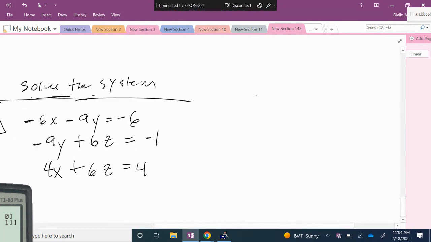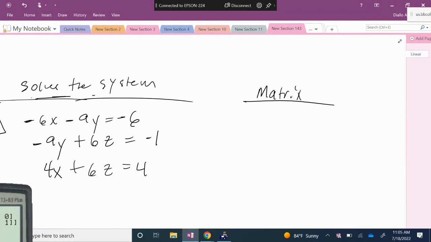Okay, so we're going to convert this to a matrix. Now, on this one, you've got to be careful because it looks as if it's a 3 by 3, right? 3 rows and 3 columns. But you have to look very carefully at your variables. Notice in this first equation, we have an x variable and a y variable, right? Negative 6x minus 9y equal to -6.